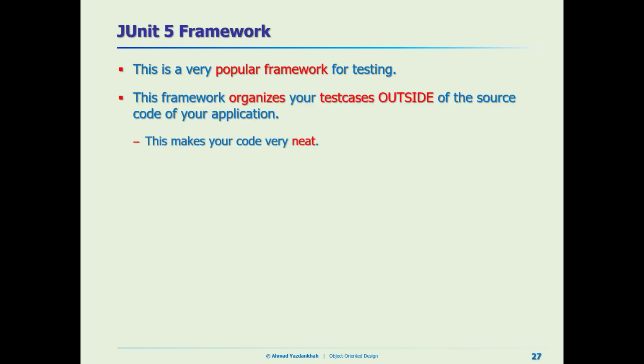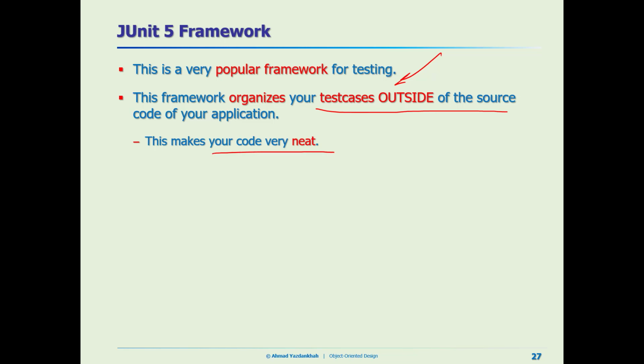Okay. In this section, I'm going to explain the JUnit 5 framework for testing and unit testing. JUnit 5 is a very popular framework, and its job is to organize your test cases outside of your source code. And this strategy will make your code very neat. All right.